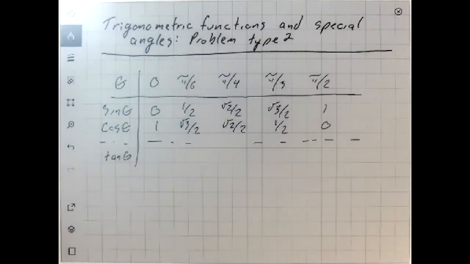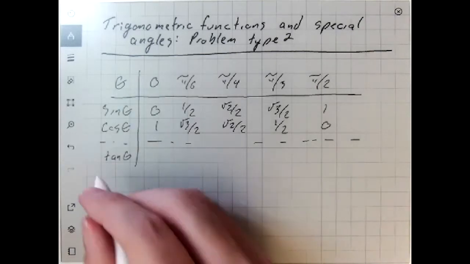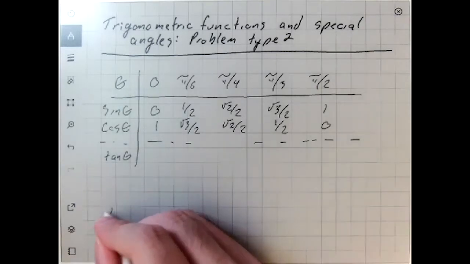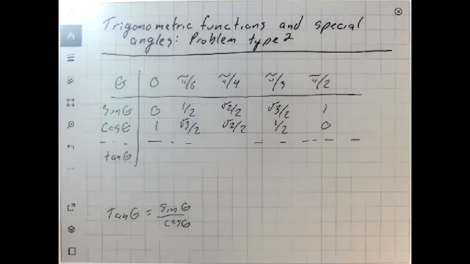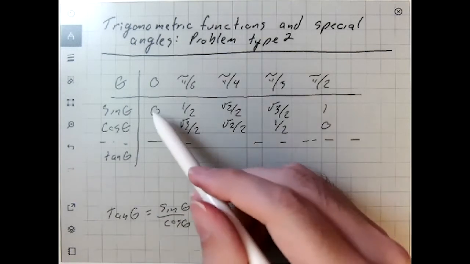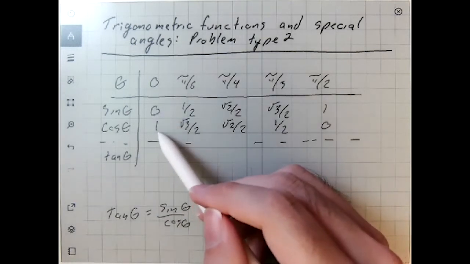The tangent of theta is sine divided by cosine. So I take the sine value, divide by the cosine value.